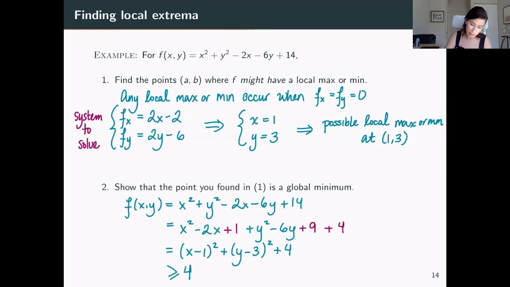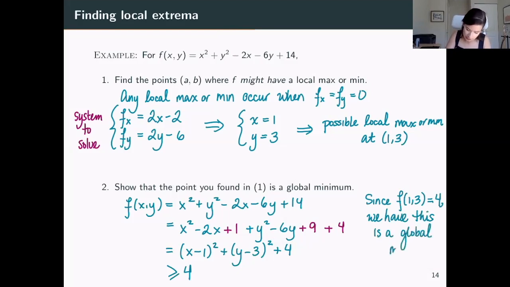But since f of (1, 3), when we plug in 1 and 3 for x and y respectively, gives us 4, we have that this is a global min.